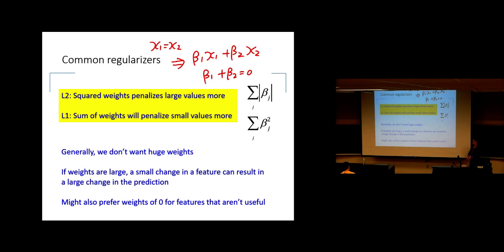I can make beta 1 super large positively and beta 2 super large negatively, and this model still works.